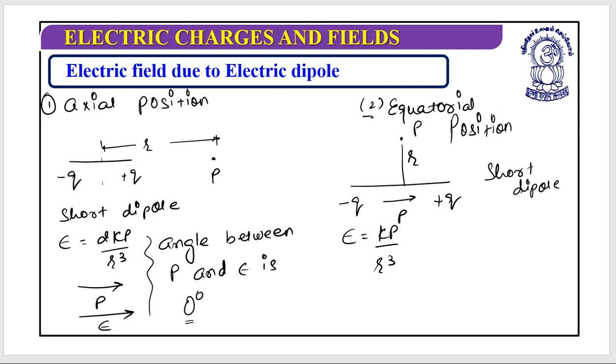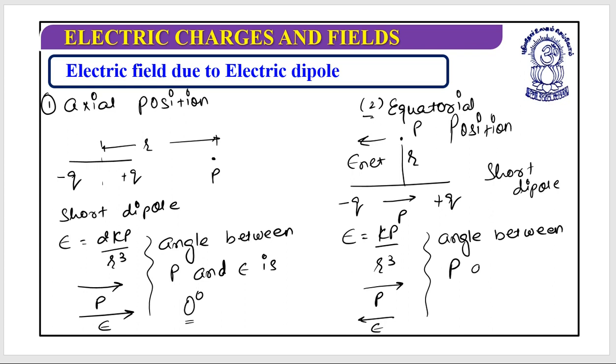This is the direction of p, and this is the direction of E. So the angle between dipole moment p and electric field E is 180 degrees, it's pi. This magnitude is kp by r cube and the axial magnitude is 2 kp by r cube. Yes, everything is clear.